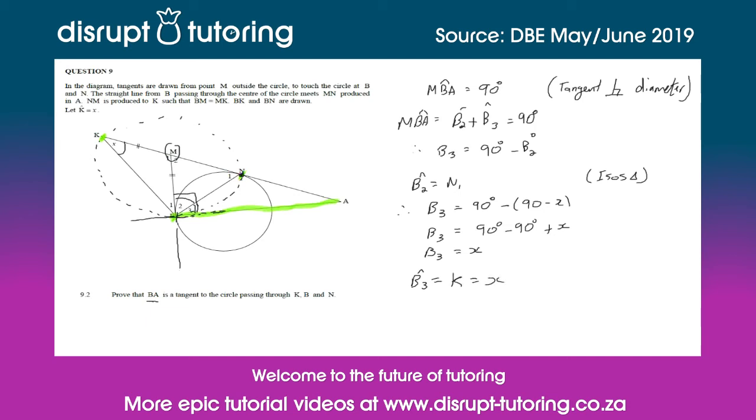And if we're in the circle, we can see that if B3 equals K, that's the converse of the tan chord theorem. You can see there's that triangle N, K, and B. So therefore, the points K, B, N should be points on a circle, and the line BA is going to be the tangent.